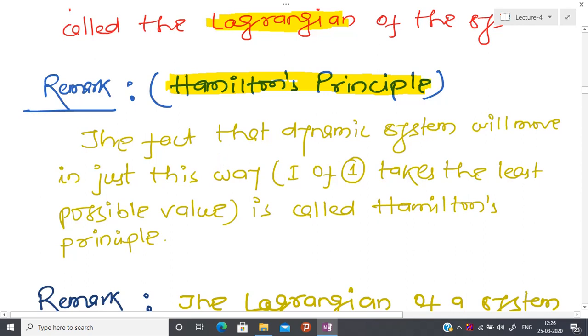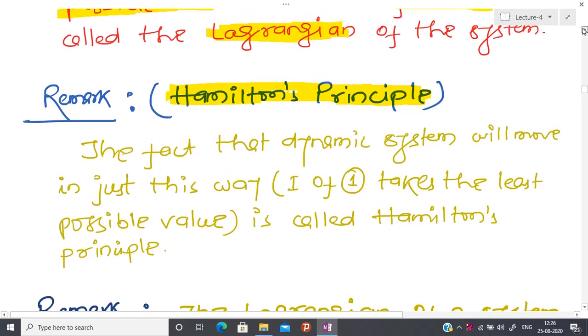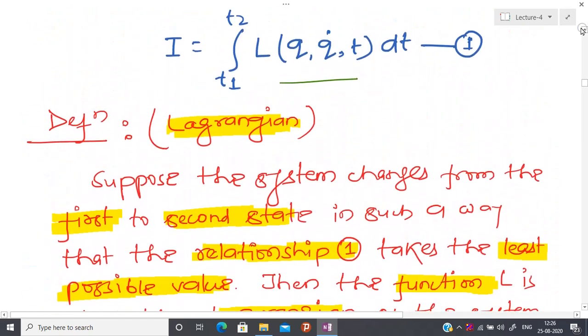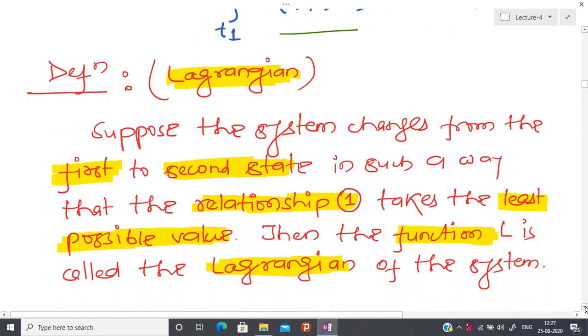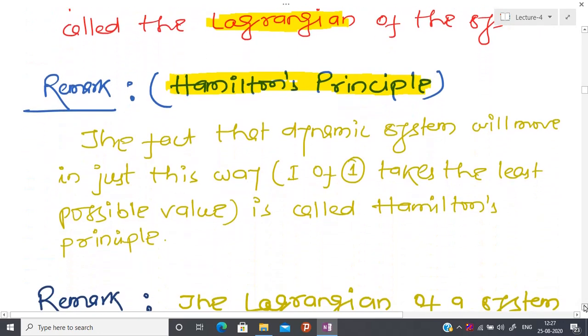So at least we have understood that if L is a Lagrangian function, and if I put this Lagrangian function here, then the value of this particular integral is the least possible value, among whatever choices I have.